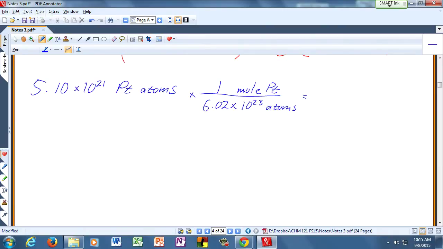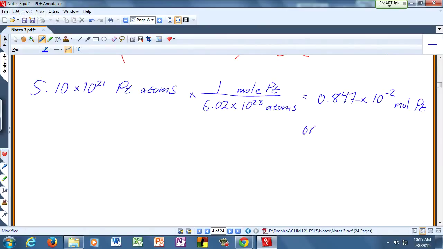I can do that on my phone real quick here. So 5.1 divided by 6.02. And then it's 10 to the 21 divided by 10 to the 23. So that's 0.847 times 10 to the minus 2 moles of platinum.